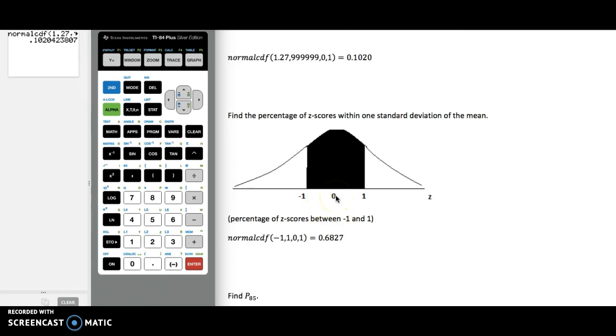And if you go out one standard deviation in both directions, your z-score is going to be -1 here and +1 here. And so you have to decide, are you shading in between these two numbers or are you shading the outer regions here? Well, within one standard deviation. So that's all the z-scores between -1 and +1. So you would shade within those two numbers.